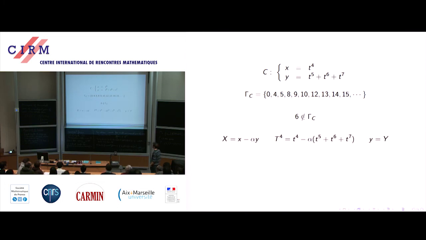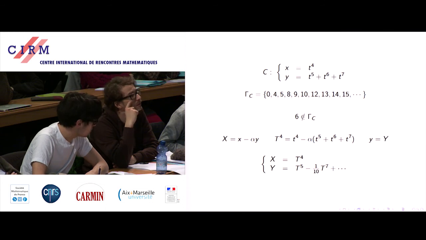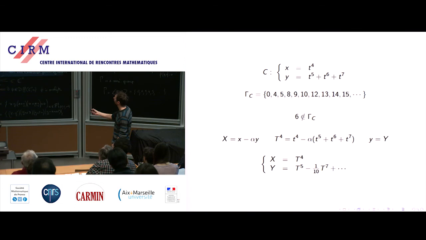However, if you make a change of coordinates which is a bit more complicated than the previous ones, because I precisely change also the parameter t with the following expression. I also did the computation by hand, and what I found is that this change of coordinates makes the coefficient t to the power 6 disappear, although 6 does not belong to the semi-group.